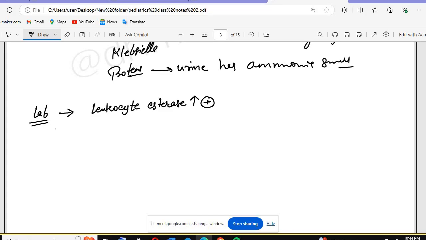Then the nitrites would be high. If you see the lab report, the patient will have more esterase and more nitrites. And if it is nitrites, it indicates Enterobacteriaceae.